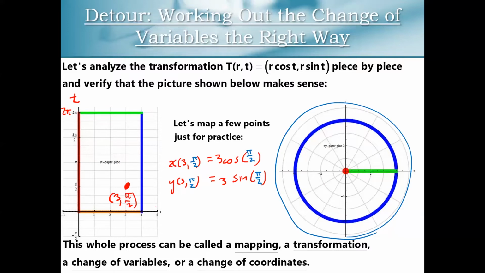I think that's good practice. Maybe try that for a few points. Feel free to try some easy ones. Maybe pick things where you do have some unit circle values. I'd much rather calculate 3 cosine of pi over 2 and 3 sine of pi over 2 than I would 3 cosine of pi over 7 or something, right?